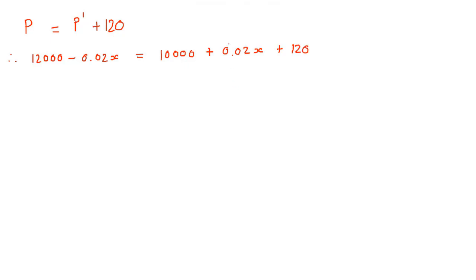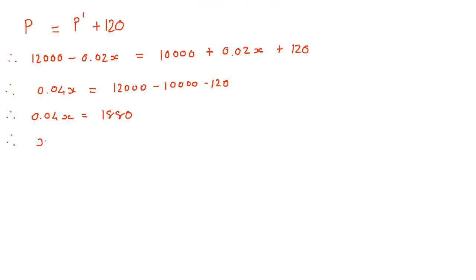We can solve this equation by rearranging the terms, and that will be 0.04 X is equal to 12,000 minus 10,000 minus 120, that will be equal to 0.04 X is equal to 1880.